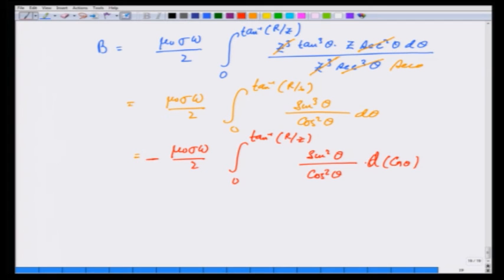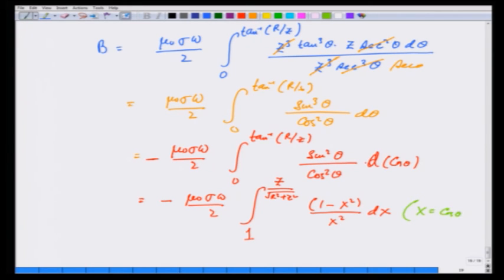Now, we take cosine theta to be x. So, this becomes minus mu 0 sigma omega over 2. At theta equals 0, cosine theta is 1. At theta equals tan inverse r by z, cosine theta is z over square root of r square plus z square. I have 1 minus x square over x square dx, where x is cosine of theta.